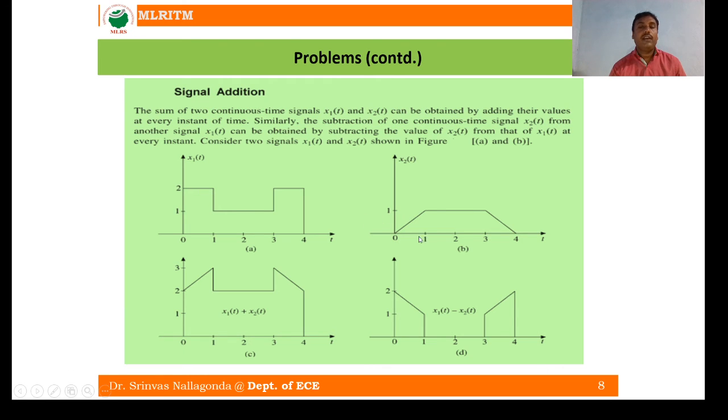From 0 to 1 in the second signal, it is a ramp signal. I am adding these two units. The resultant signal starts from 2 to 3, that is 2 plus 1. So for this unit, this is the signal after addition. Similarly, for all the units you can add, and you will get the resultant signal like this. Here also is the resultant signal for the subtraction case, x(2t) subtracted from x1(t). So this is the resultant signal.